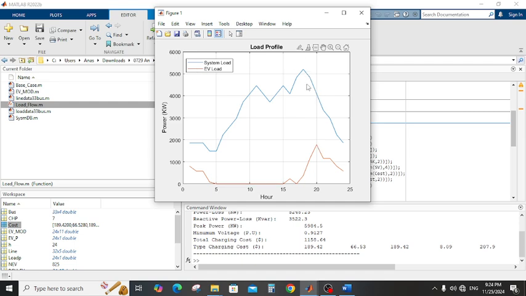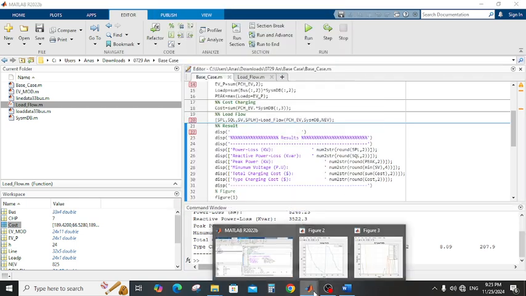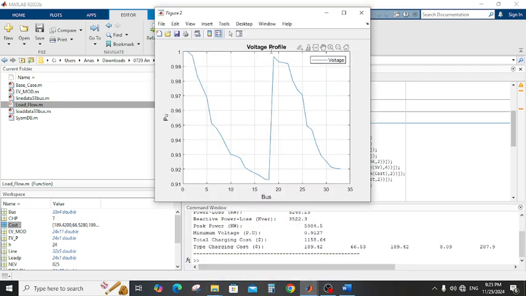Also, this may raise the peak load, and during the day there is no charging, because the AVs leave the home. These are the two things, the system load profile and the AV load profile behavior during the day for 24 hours. And the second graph is the voltage profile of the system.